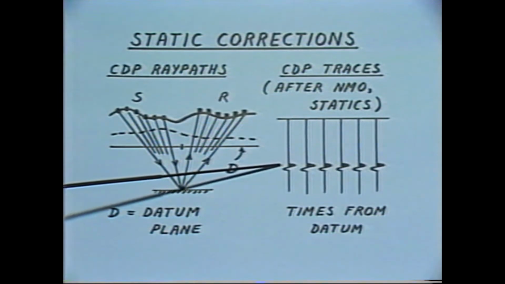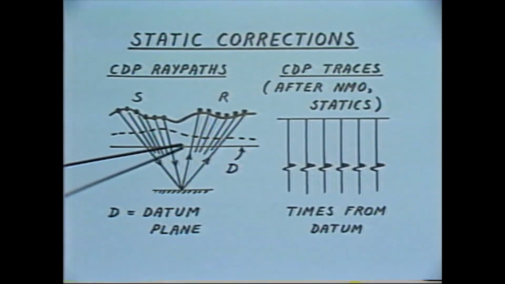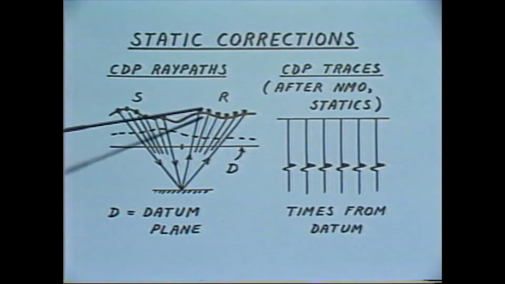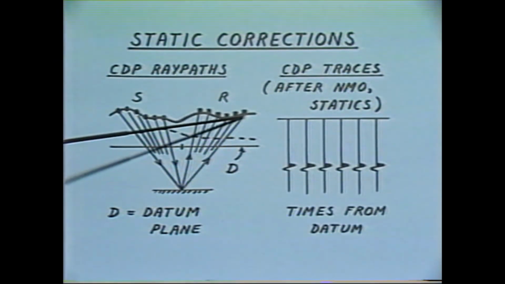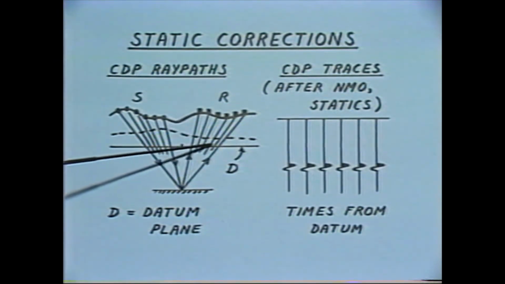And that time would be the time for a zero offset trace from this datum elevation. It's as though we had moved the sources and receivers from the surface where they actually are down to this horizontal datum plane, and then measured all the travel times from there to the reflectors.